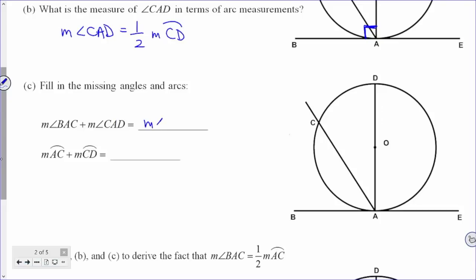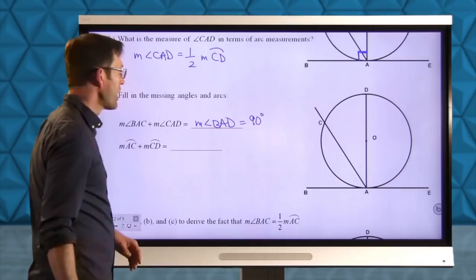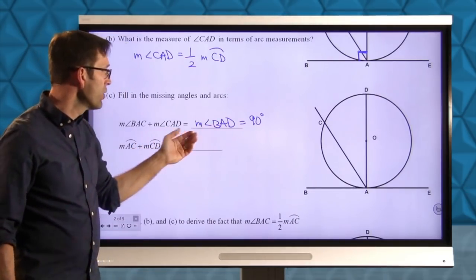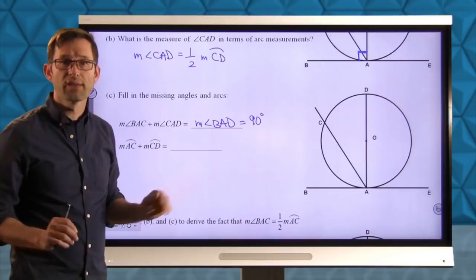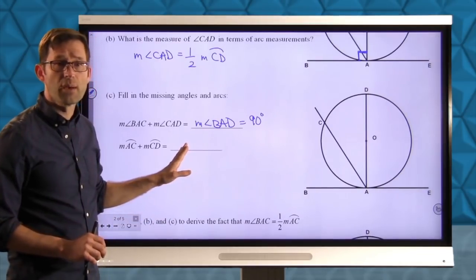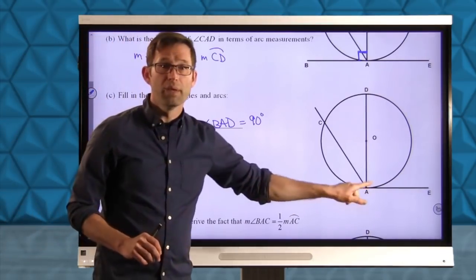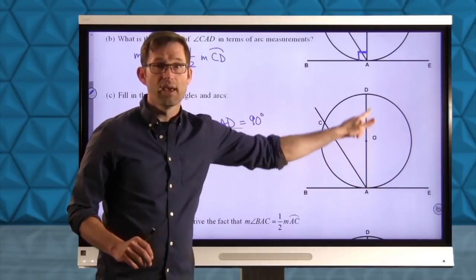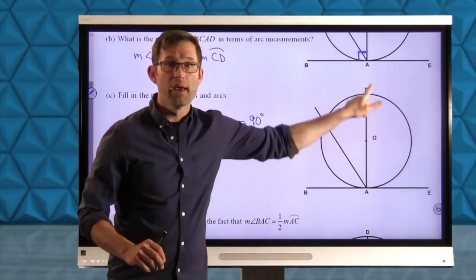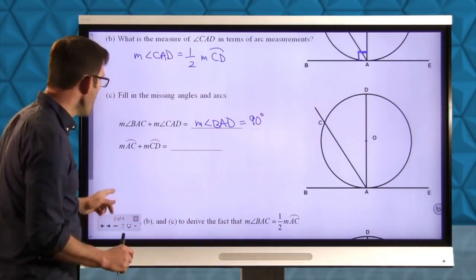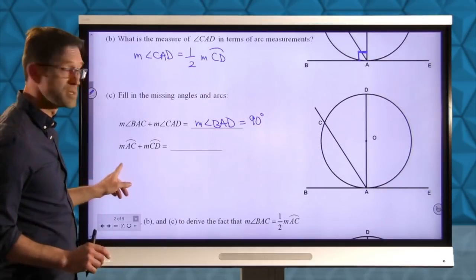That's going to be the measure of angle BAD. Now, if you actually said that that was equal to 90 degrees, that's okay. Or if you just said 90, or if you just said BAD, that's all good as well. The whole is the sum of its parts, right? So angle BAC plus angle CAD has to be angle BAD.